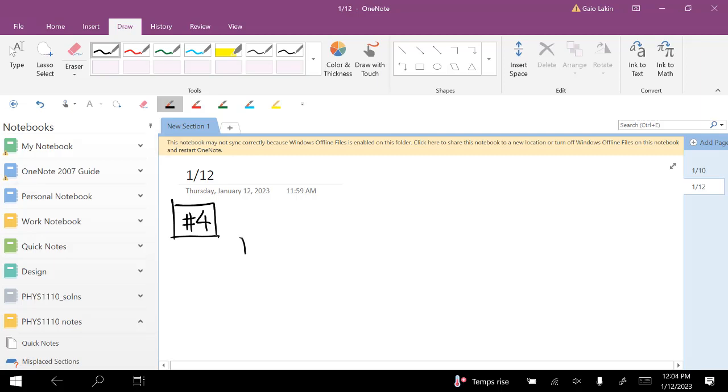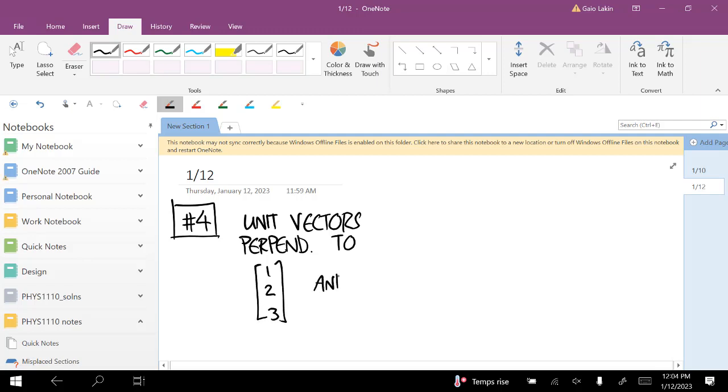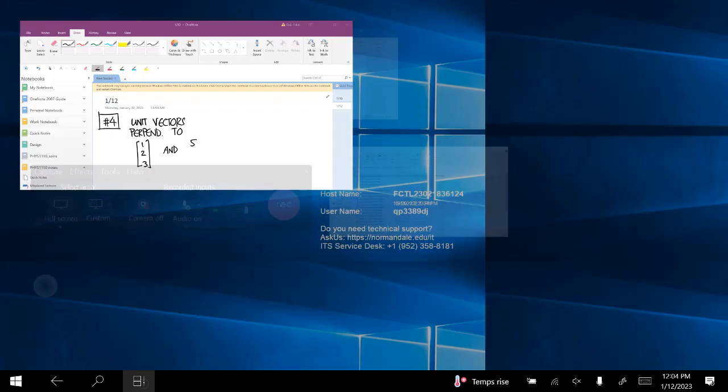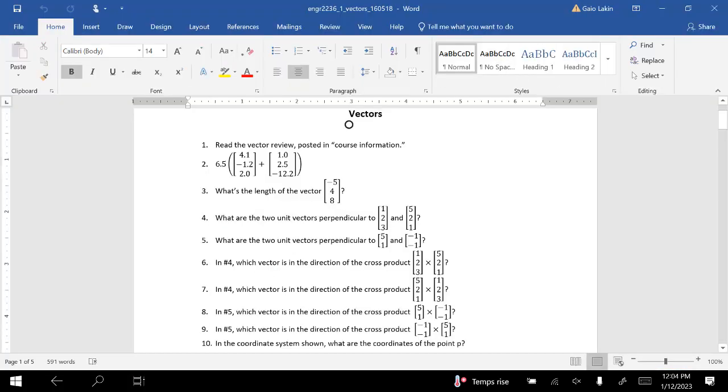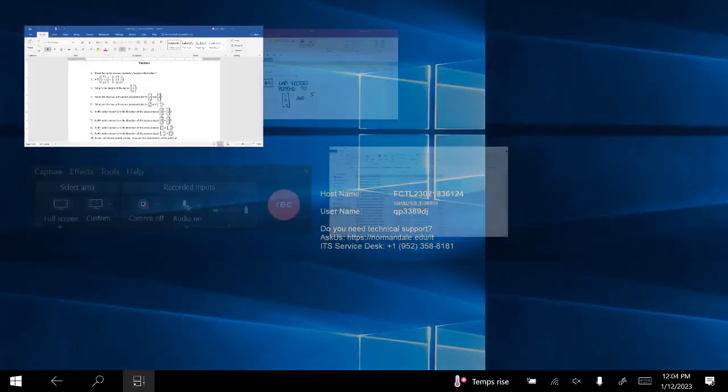We want something, and not just something, we want unit vectors perpendicular to 1, 2, 3, and 5, 2, 1.